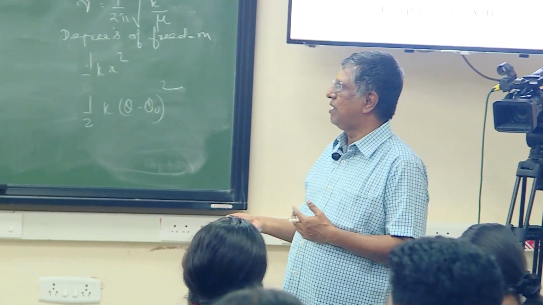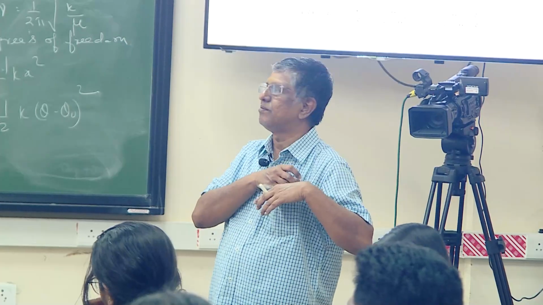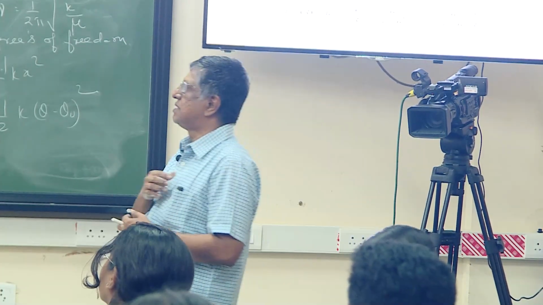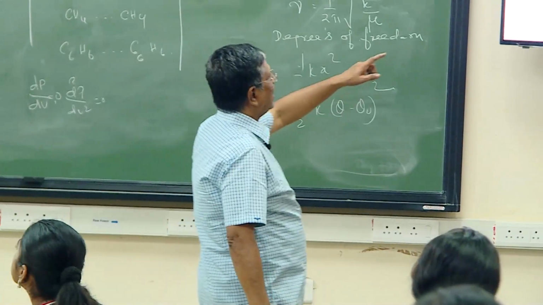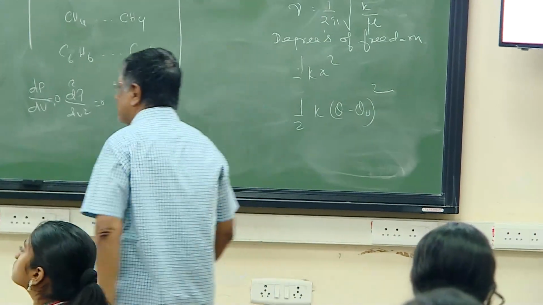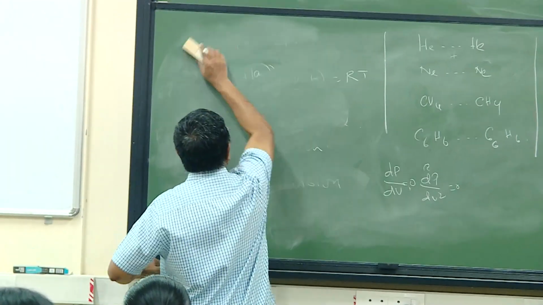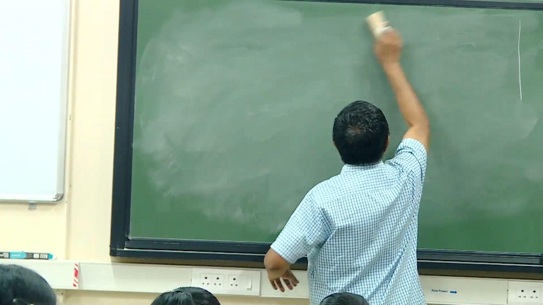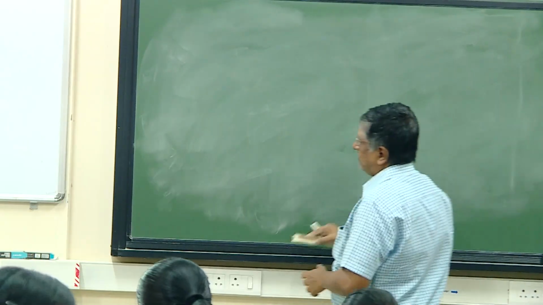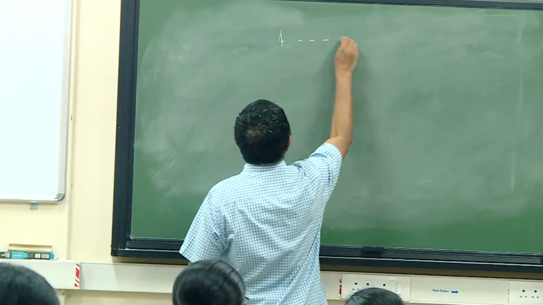So this is the van der Waals. I will come back. This is called the 6-12 potential. If you look at this equation, I will explain on the board. I take two atoms.